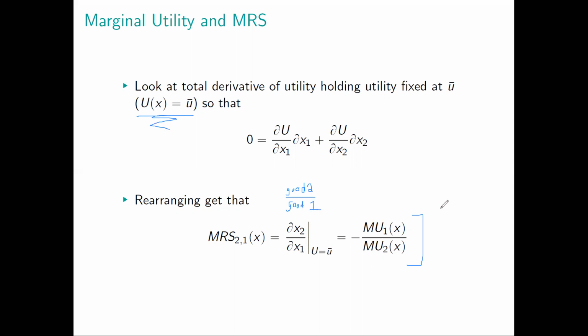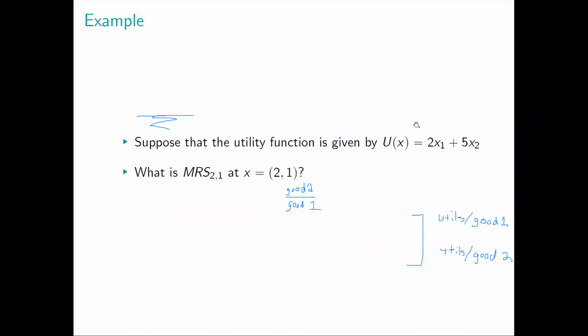And here this is utils over good 1 and utils over good 2. So if you just look at how the units cancel, it's the same thing. Great. So that's how the marginal utility is related to the marginal rate of substitution.